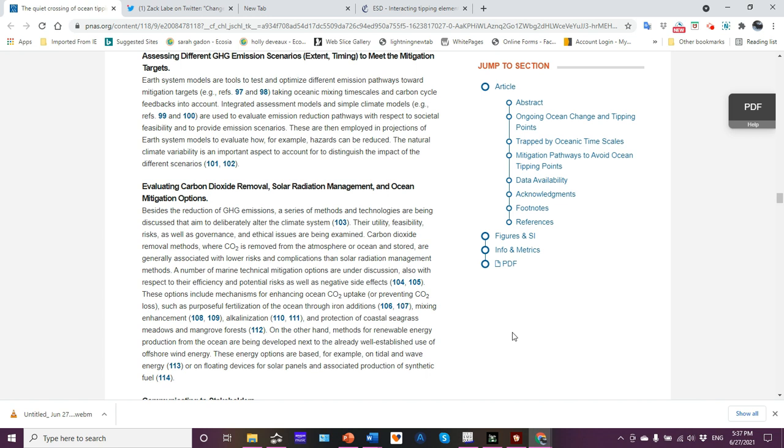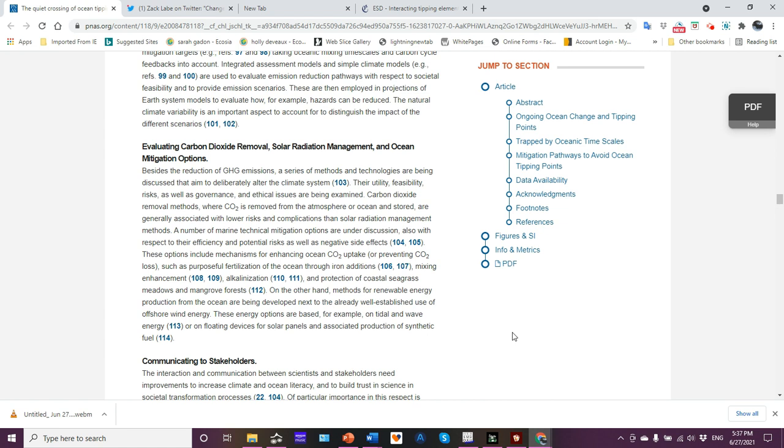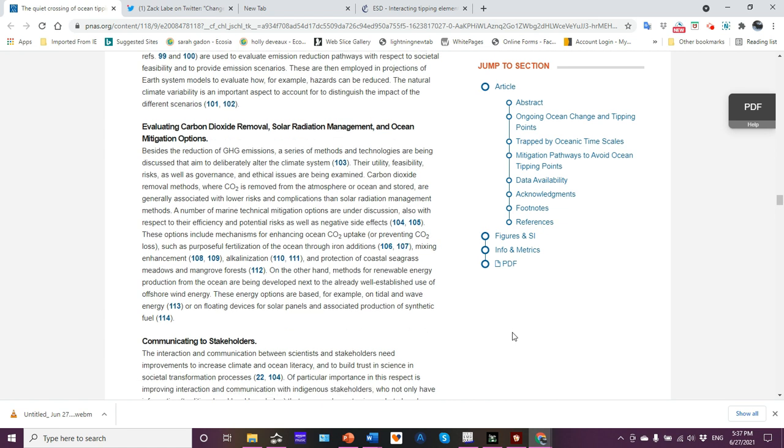So I said it before, getting to net zero, while a laudable goal, is really probably not practical and not really likely to happen. Want to evaluate CO2 removal, solar radiation management, ocean mitigation options. Obviously, you want to reduce greenhouse gas emissions.